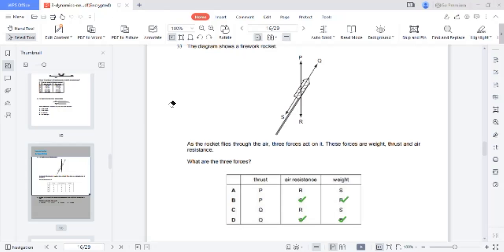I think I made a mistake. Is this an R? This is R. Okay, I thought it's P. Sorry. So what about thrust? Is thrust this one or this one? Up thrust.